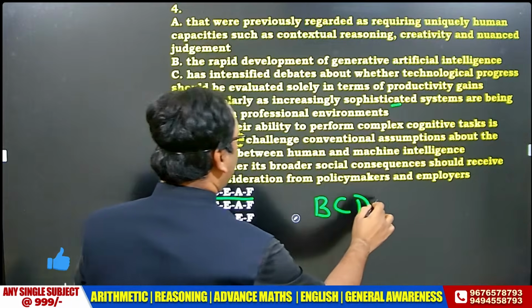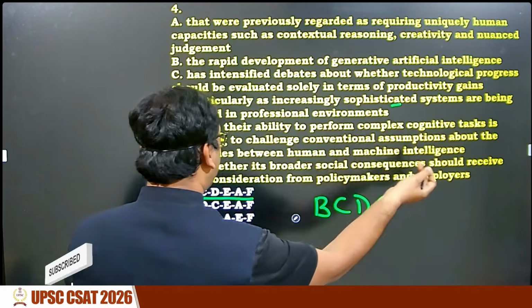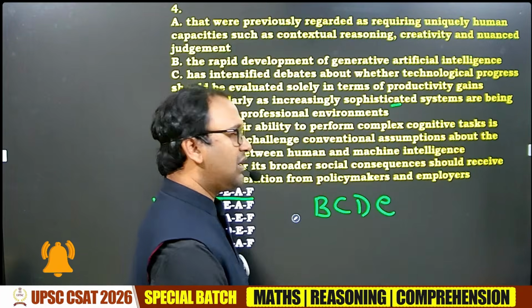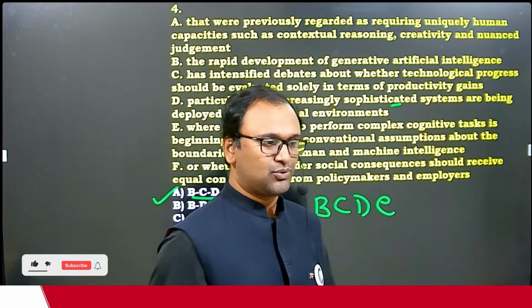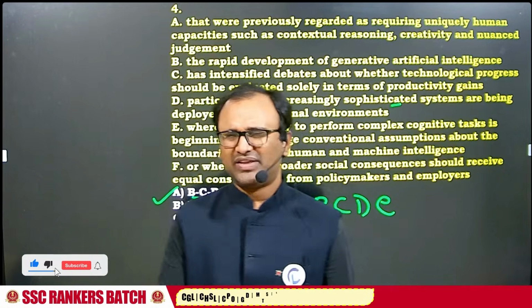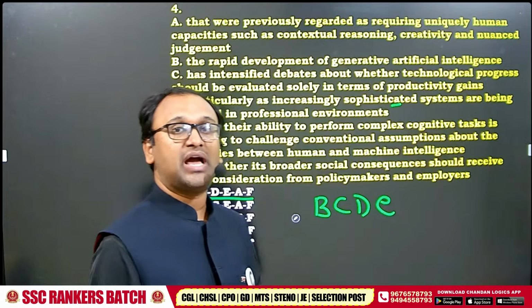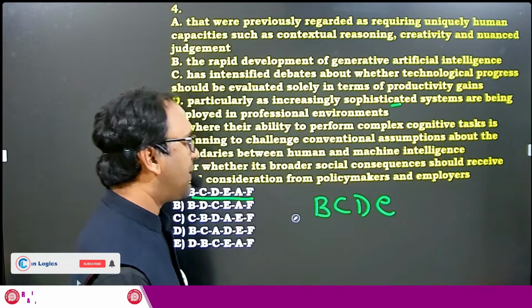Now, naturally, the ability to perform complex cognitive tasks is beginning to challenge conventional assumptions. I'm sure in the banking sector also, by 2030, a lot of technical changes are going to happen.